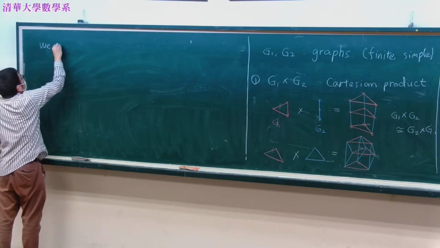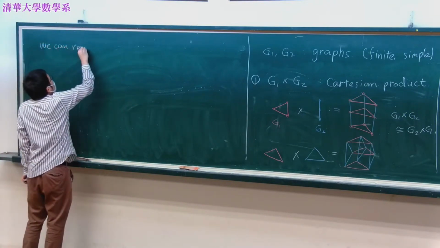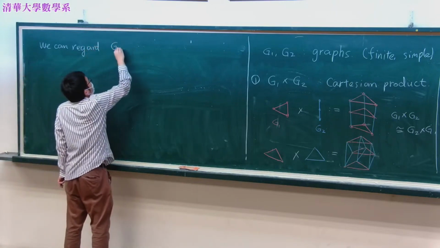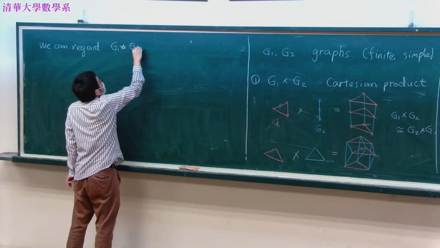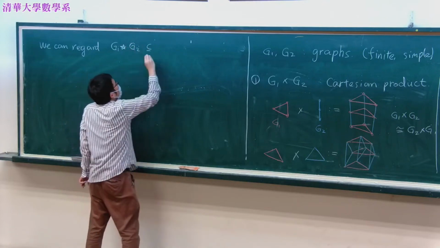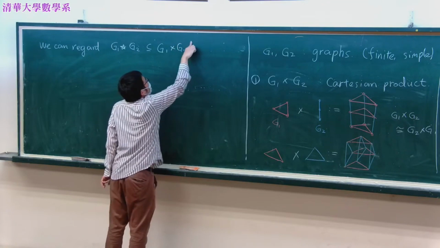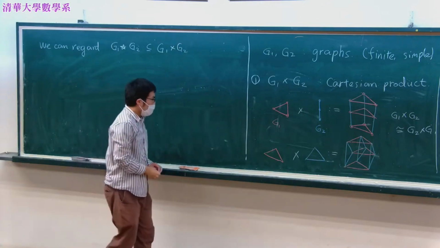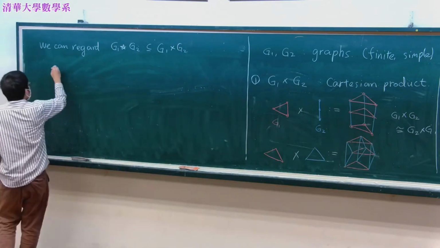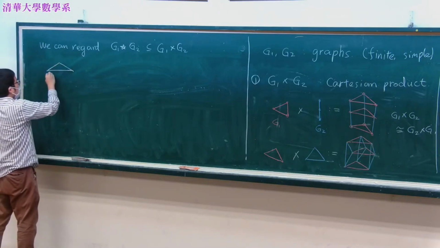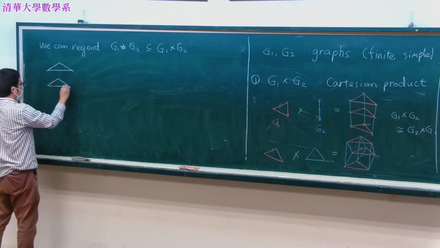So we can regard the star product of G1 and G2 as a kind of subgraph of G1 times G2. So how to do this? One way is as follows. There are several ways.